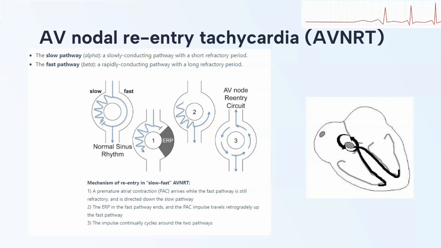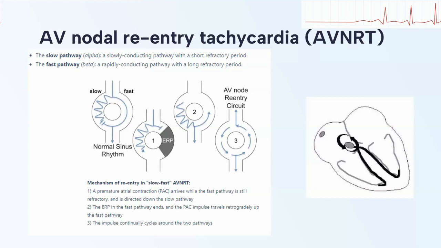Because the long pathway is refractory, the impulse preferentially goes down this squiggly short pathway. And as it's going down the short pathway, the fast pathway stops being refractory, so it loses its refractoriness.